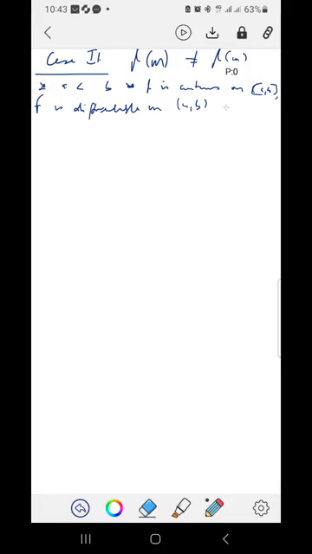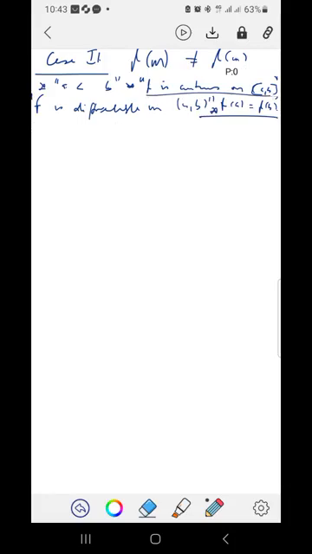And the last hypothesis is that F(a) equals F(b). Okay, so those are the hypotheses. I'm writing out these things so that we can always go back to them when we need them.